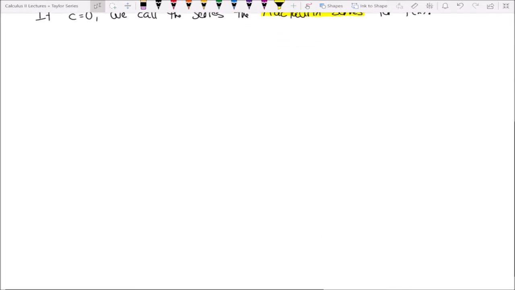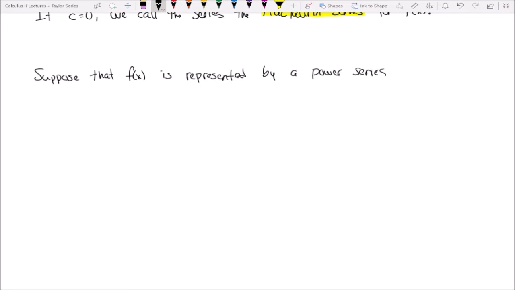So to do this, we suppose that f of x is represented by a power series centered at x equals c on an interval c minus r to c plus r, obviously with r being the radius of convergence, which is larger than 0.